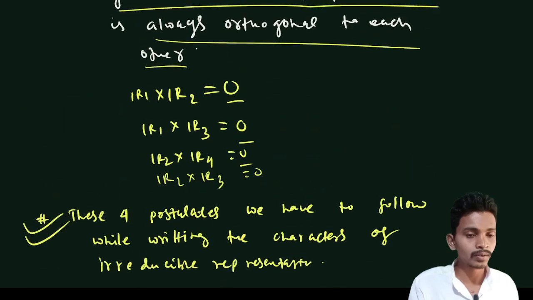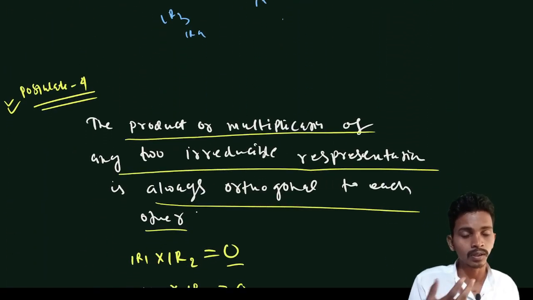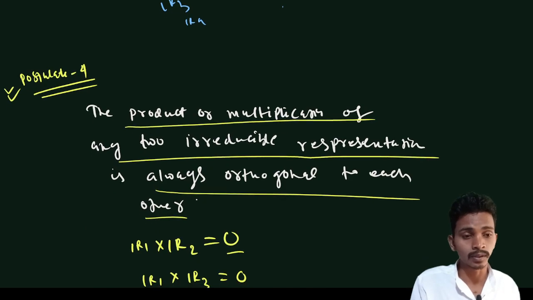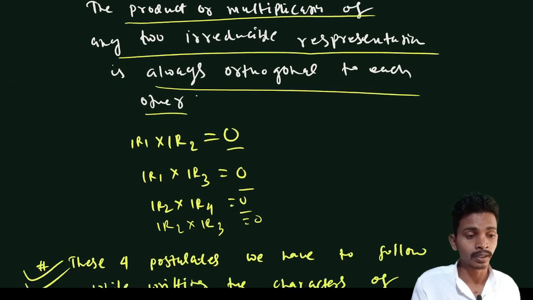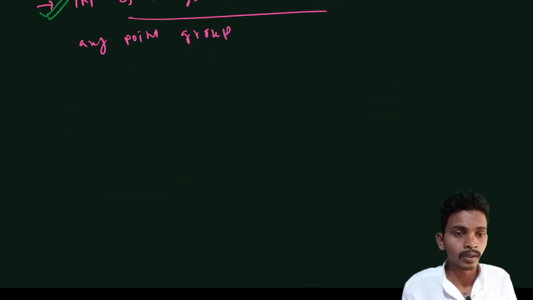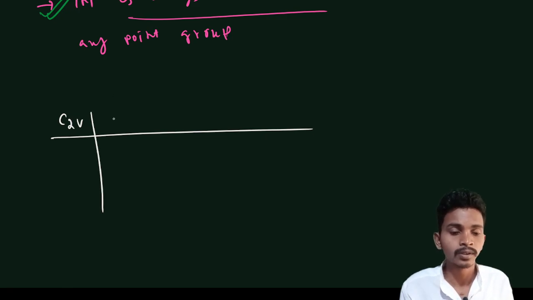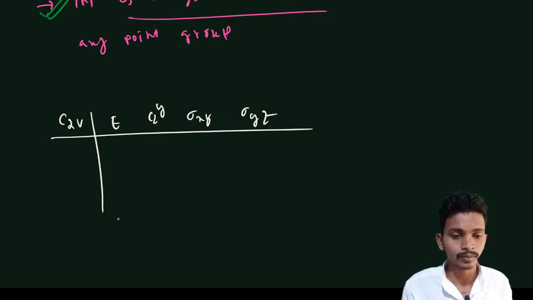After that we will draw the character tables for water, or we can draw character tables for C3v or others. So let's take the example of water, C2v. The symmetry elements will come, that is E, C2, sigma xz and sigma yz.